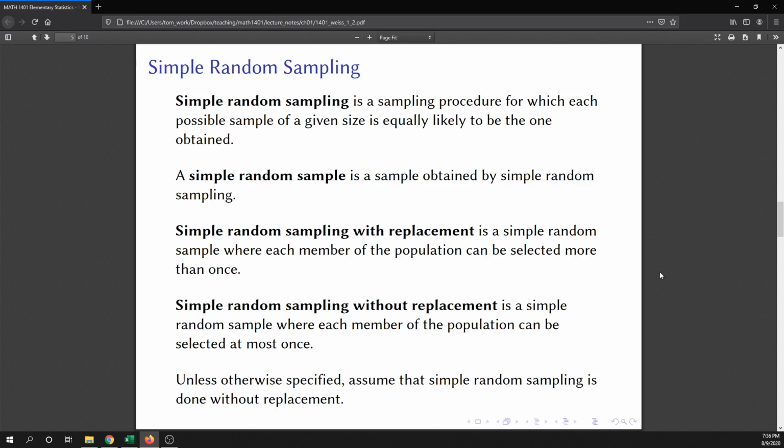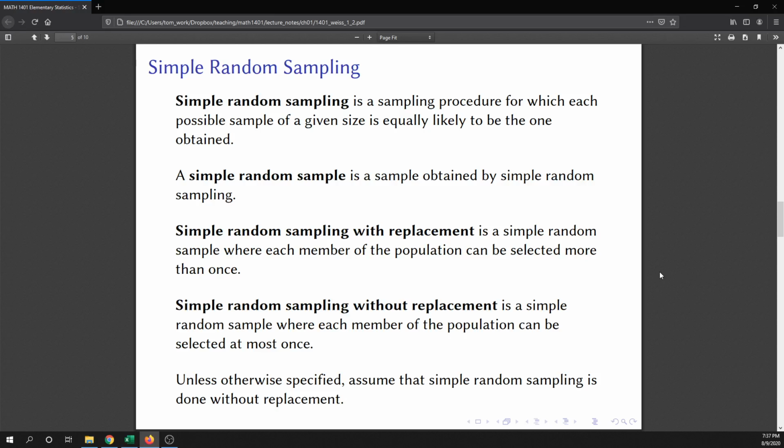Simple random sampling is a sampling procedure in which every possible sample of a given size is equally likely to be the one that you obtain. So everything has the same chance. Every possible group has the same chance of being the one that's picked.